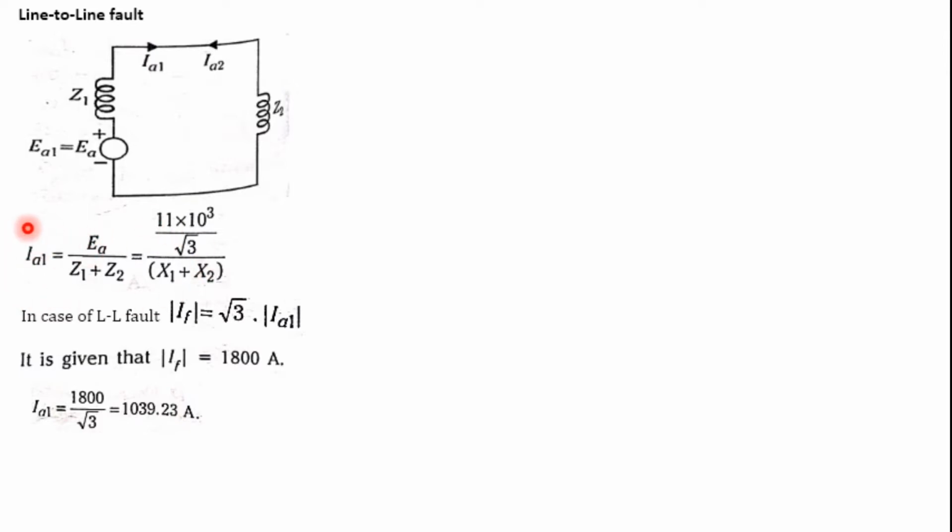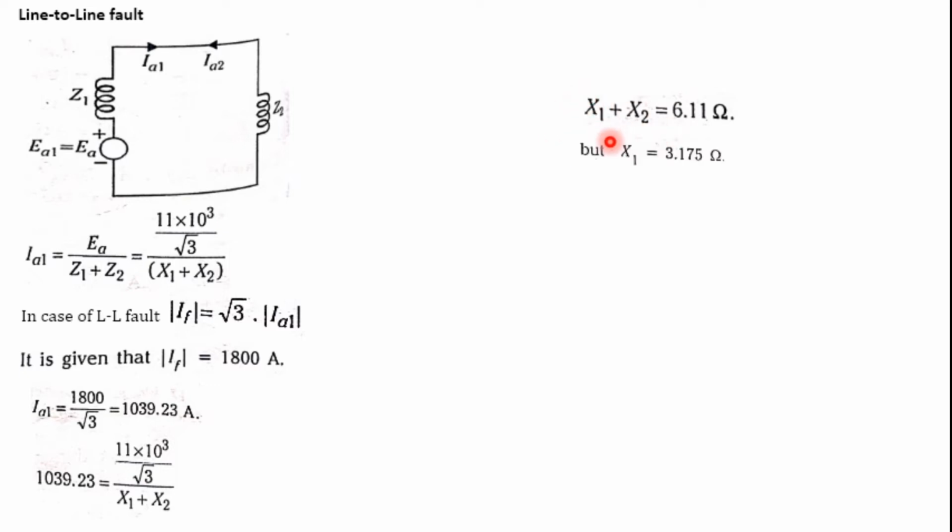That is the value of IA1, and calculate the values of x1 and x2. Substitute 1039.23 and 11 kV divided by root 3. You will get x1 plus x2 is equal to 6.11 ohm. But we already know the value of x1 from the three phase fault, that is 3.175 ohm.